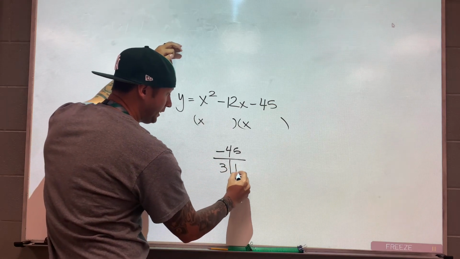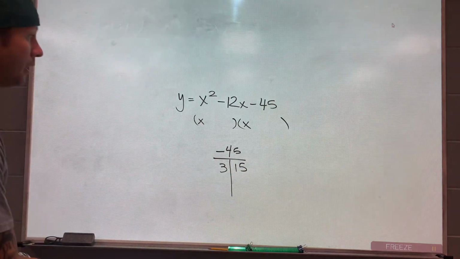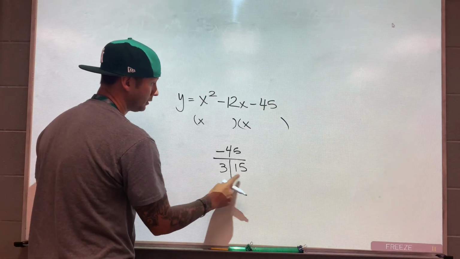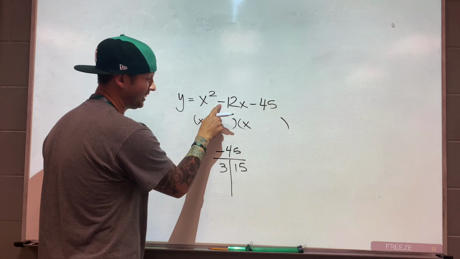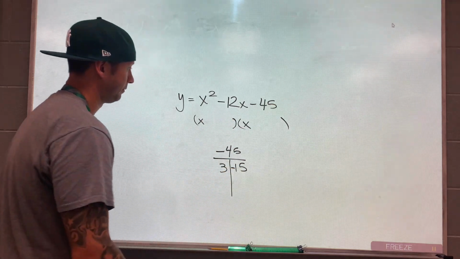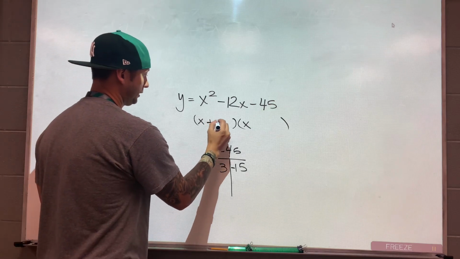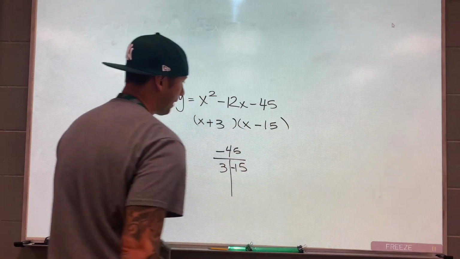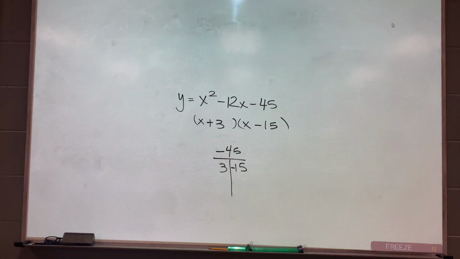So 3 and 15, but this is negative, so one of them needs to be negative. Which one? I have to look here. Because this is negative, the big one needs to be negative. So this is going to be plus 3, minus 15. That's the intercept form for number 6.